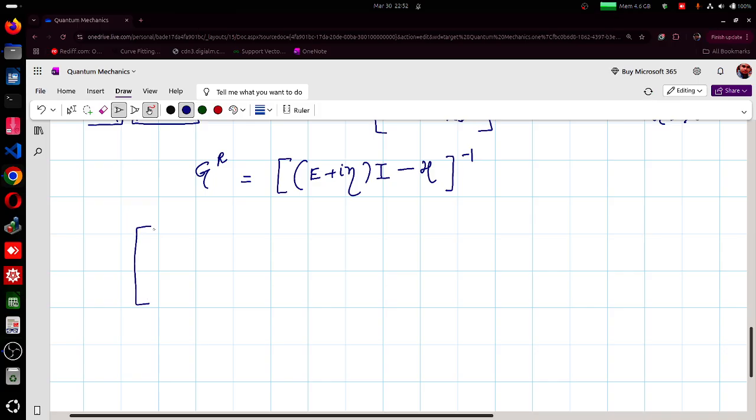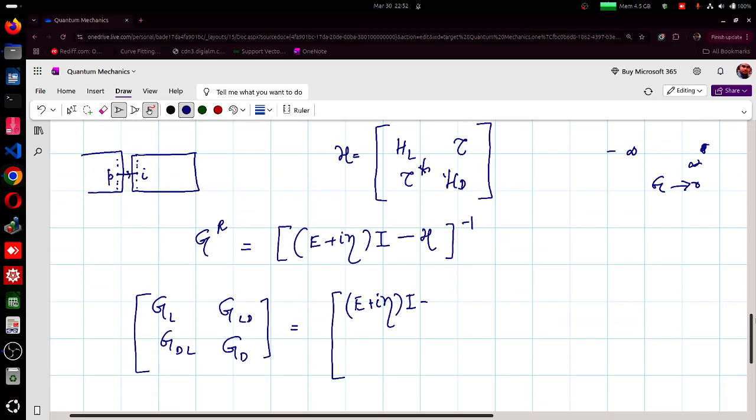So we can write this to be G. For probe we are writing P, for device we are writing GD, and for the left we write L. So LD, this is GDL, equal to E plus iota eta I minus HL.